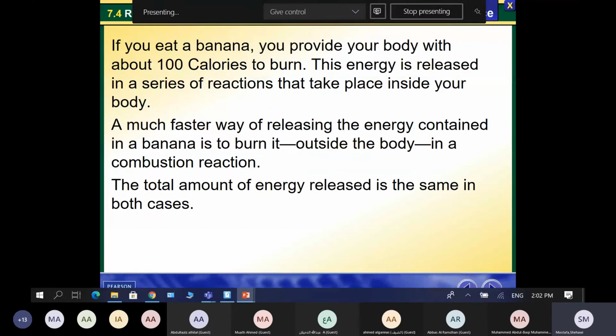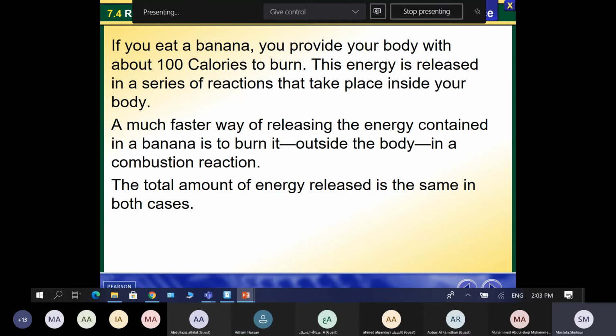If you eat a banana, you provide your body with about 100 calories to burn. This energy is released in a series of reactions that take place inside your body. A much faster way of releasing the energy contained in a banana is to burn it outside the body in a combustion reaction. The total amount of energy released is the same in both cases.